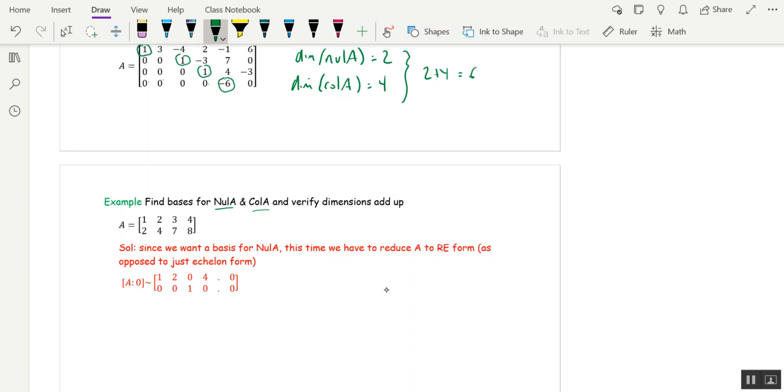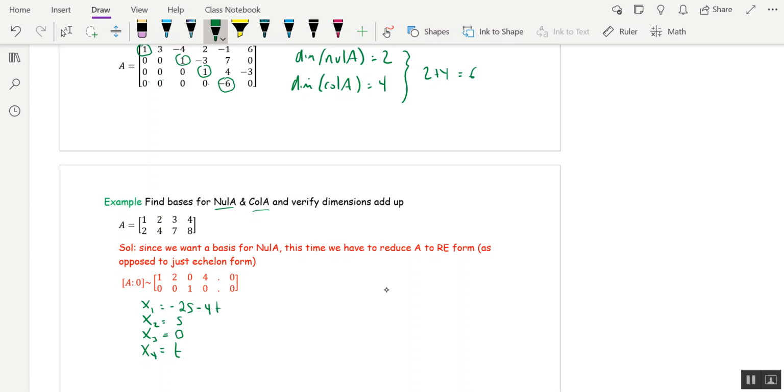And so if we want a basis for null A, we actually have to find the solution. So there's 4 variables. We'll start with x4. That's free. x3, the second line here reads x3 is 0. x2 is free. And x1 is negative 2s minus 4t.